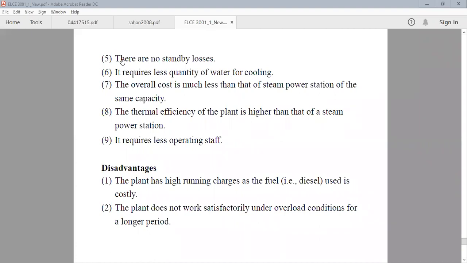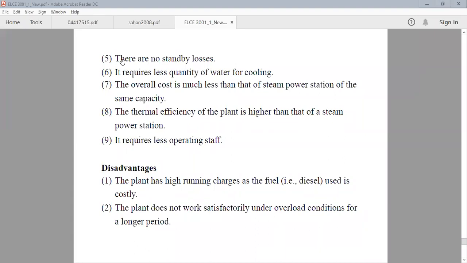Standby losses: if we don't need the generator, we will just turn it off simply with a switch. But in steam turbines, we can't turn it off because we are already burning coal, we are already boiling water. So that burned coal, that boiled water, all of those are standby losses.